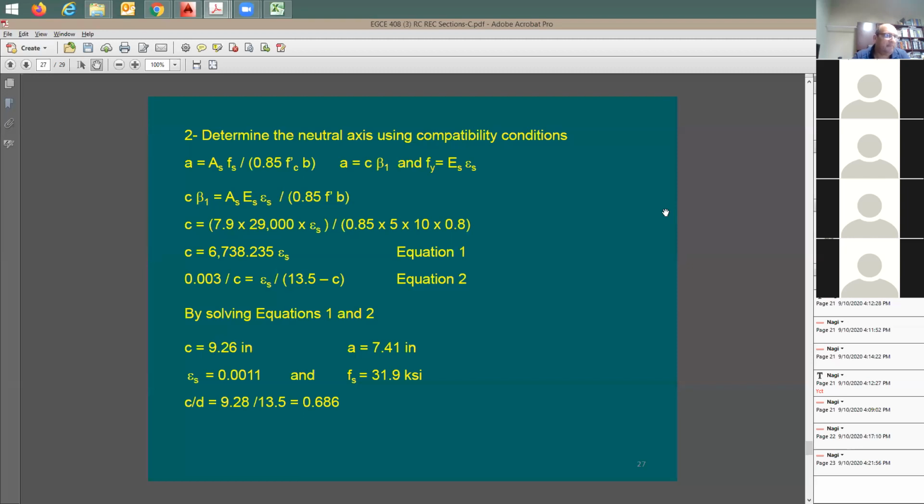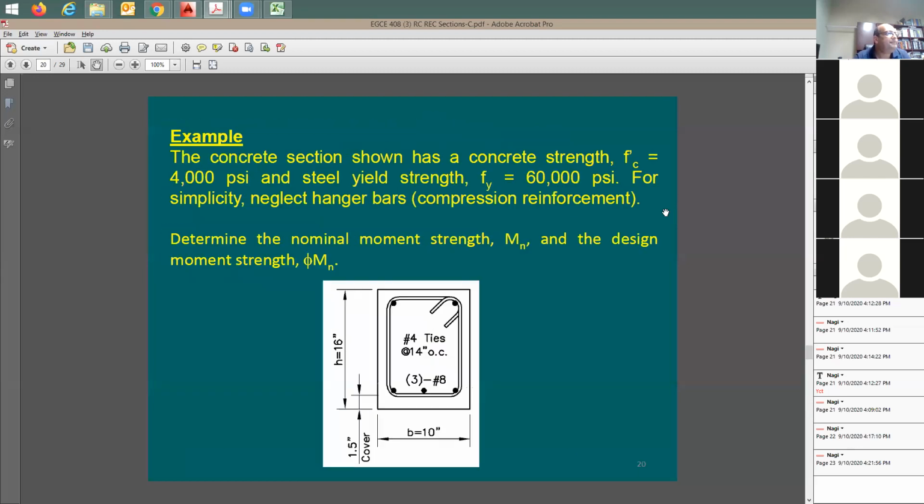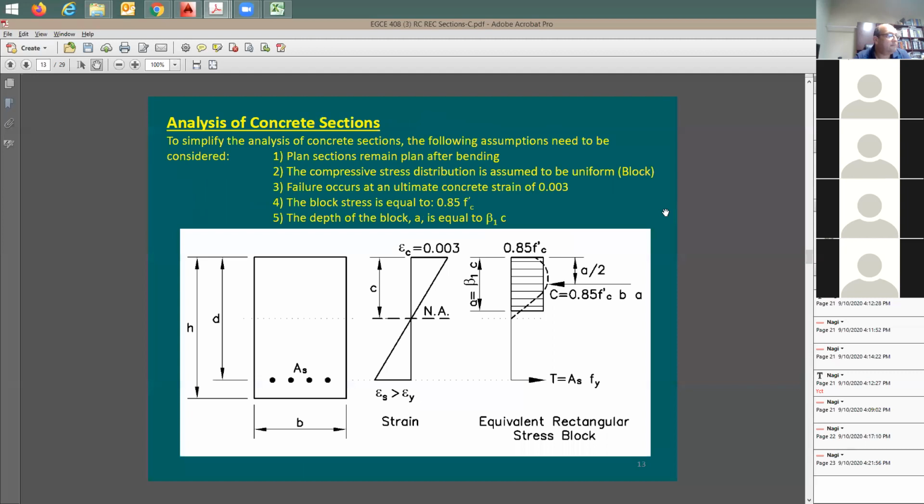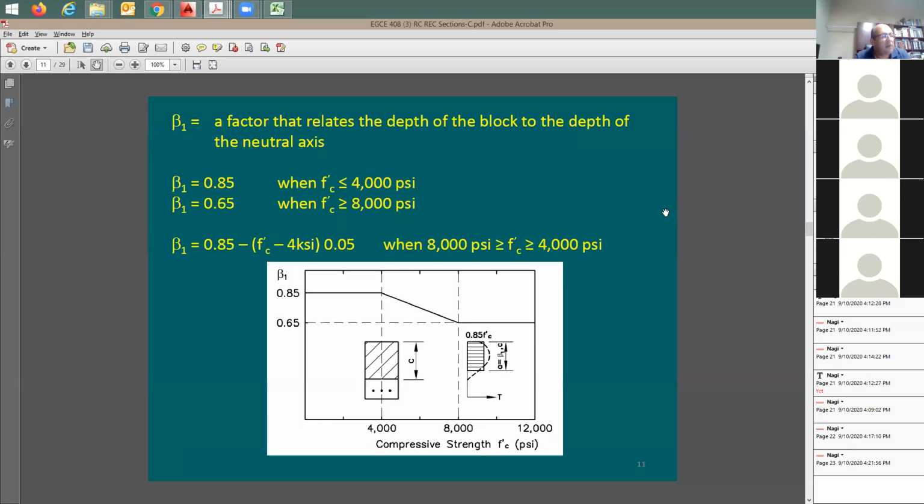You say, well, let me take you back. When the concrete strength is equal to 5,000, according to this chart, how much is beta 1? Let's say, okay, beta 1 equals 0.85, said. Yeah. Go ahead.